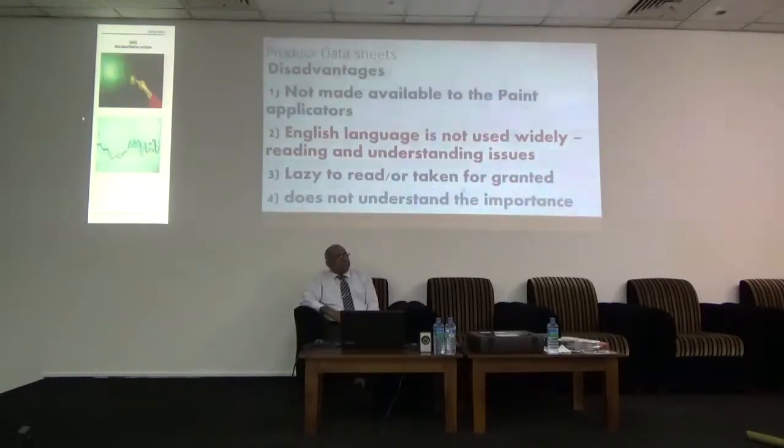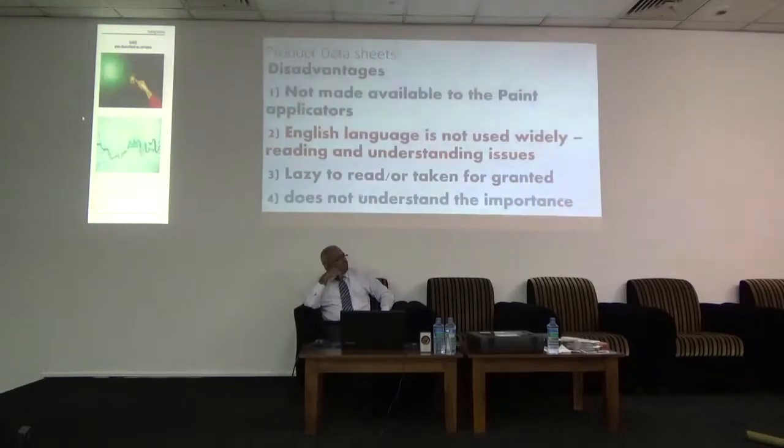And sometimes taken for granted. He says, Sigma, no, I have tried before, I know how to do it. But this time you get a different paint. Different paint means different thinner, different mixing ratio, different specified DFT, etc. And sometimes the applicator doesn't understand the importance also. Because one time I just kept it at home and gave it to the son to read. So those are the problems we are facing.